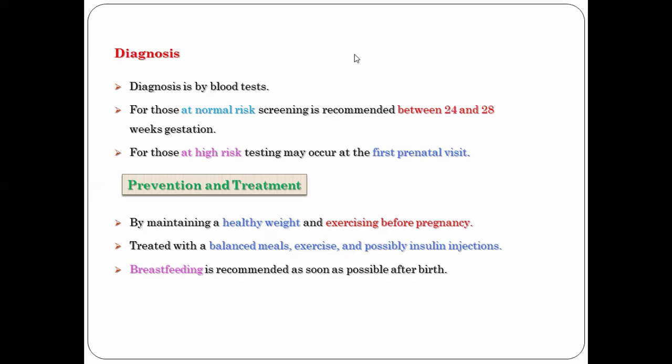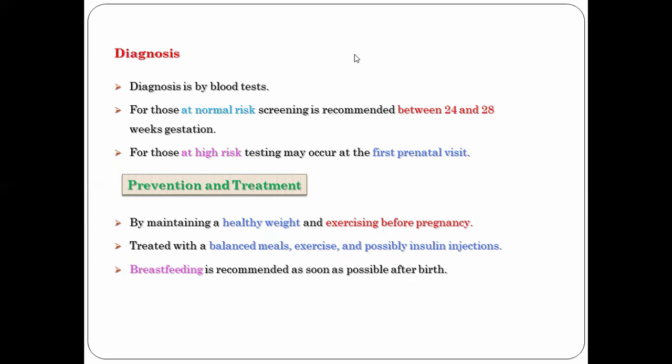So what are the preventive aspects and treatment pattern in the case of gestational diabetes? First, maintaining a healthy weight. If there is an excessive weight gain process in the gestational period, that is also one of the signs. So keep in mind, if the weight is drastically increasing, that is also one of the signs. So the first thing is that we have to maintain a healthy weight.